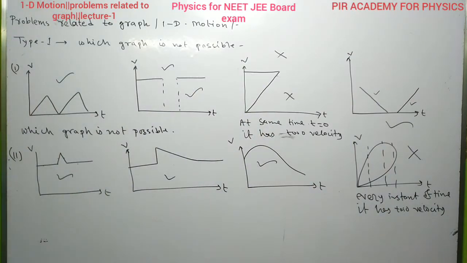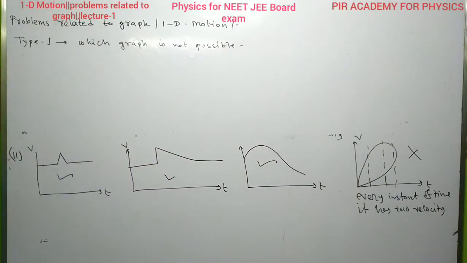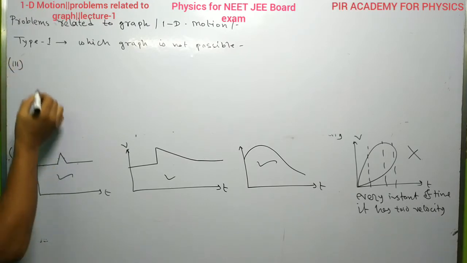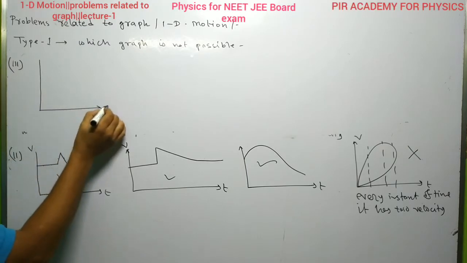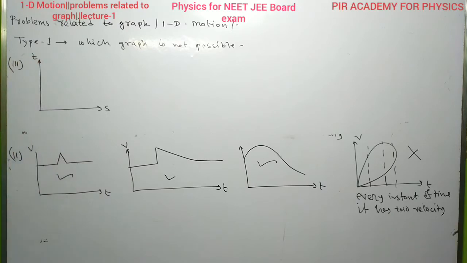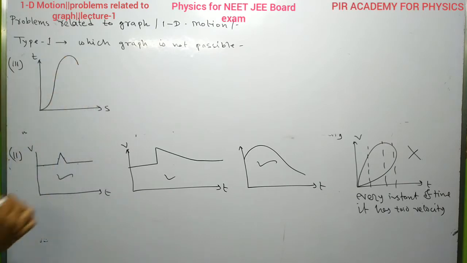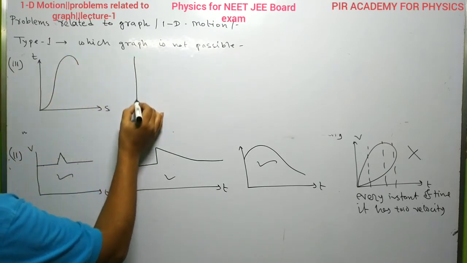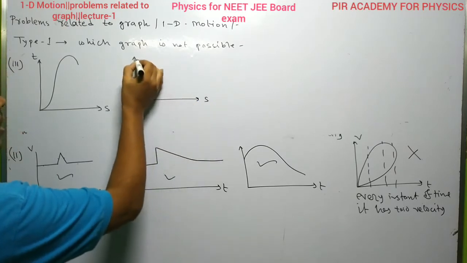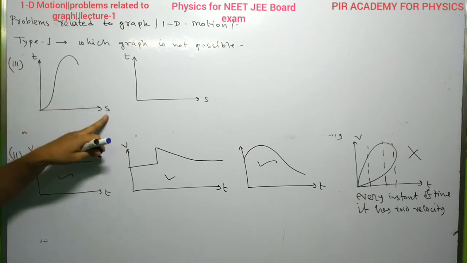Suppose number 3, another problem. If I draw displacement or distance versus time, here is time, and the graph is like this, another type of graph. Number 2, if I draw, here is displacement, here is time. You notice this axis is the time axis and this axis is the displacement axis.